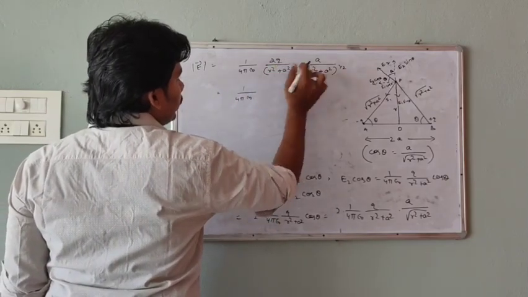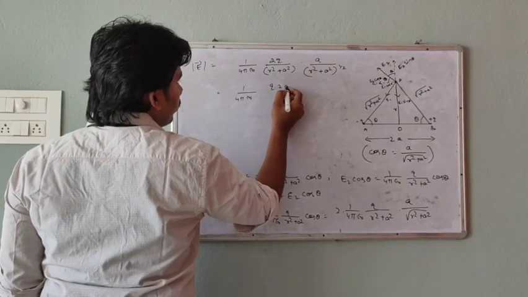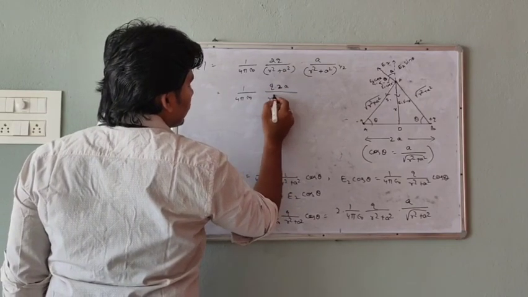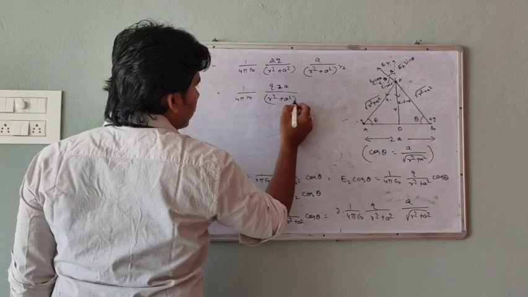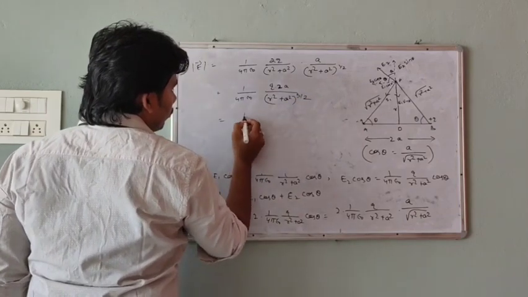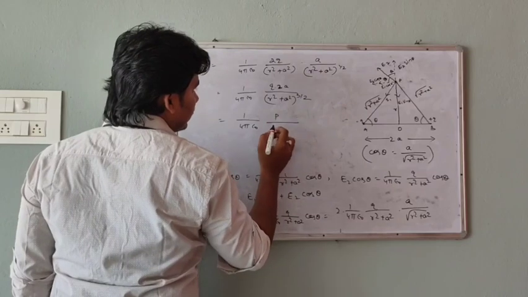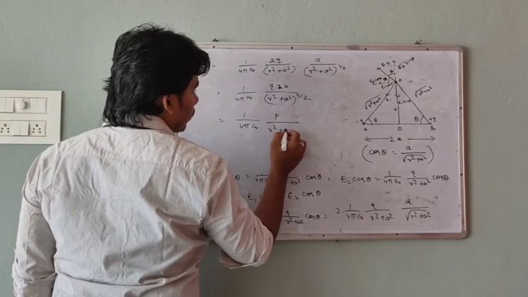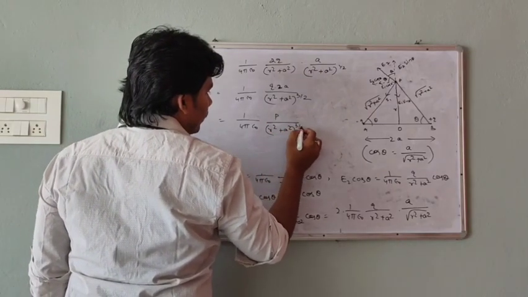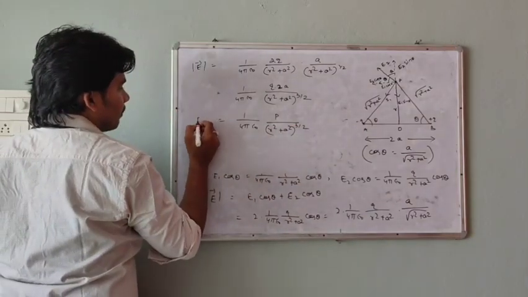This is 2q into a, or q into 2a, by (r square plus a square) power 3 by 2. This will be 1 by 4 pi epsilon naught, P, the electric dipole moment, by (r square plus a square) power 3 by 2. This is the E vector magnitude.